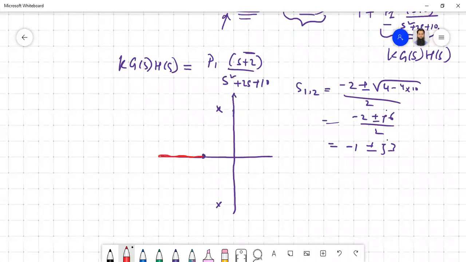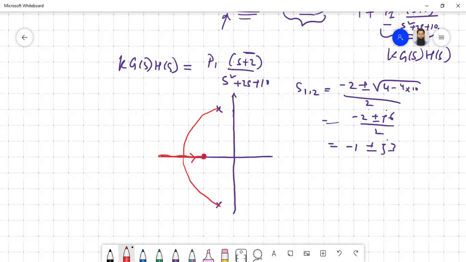And since this is a 0, a pole will be coming from here. So how will it look like? One of the poles will be coming, and because they're identical, both of them will be coming something like this.